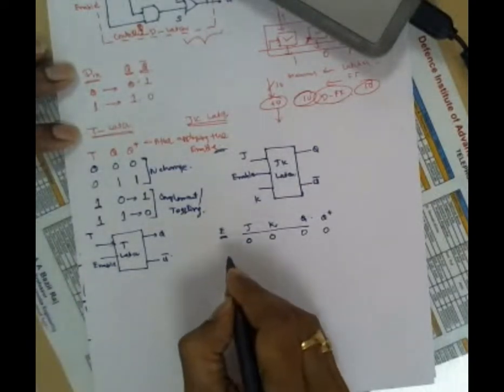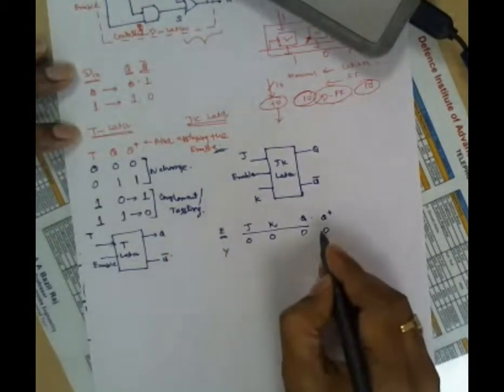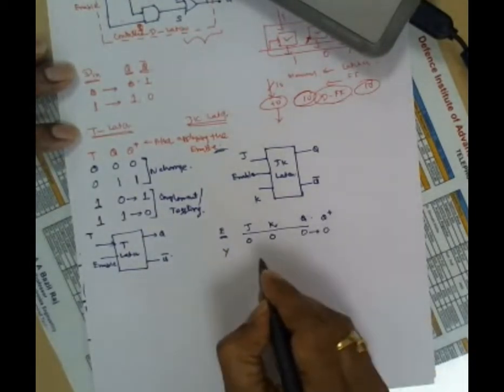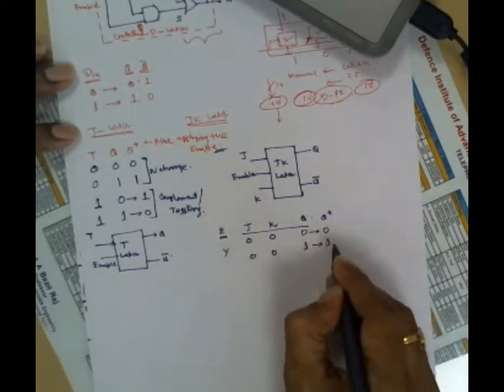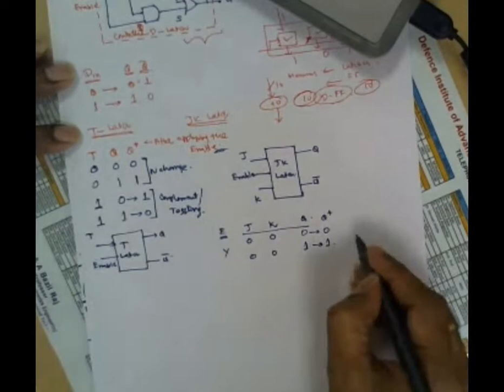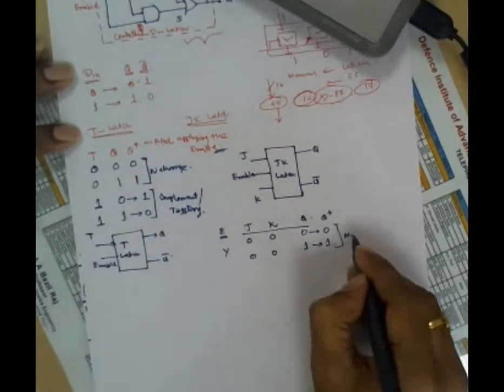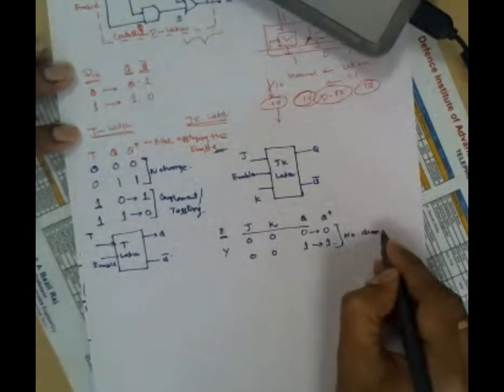Enable is there, so Q plus 0 will go to 0. If it is 0, 0, the 1 will go to 1. That means no change. As long as your JK is 0, nothing will be changed in the Q.